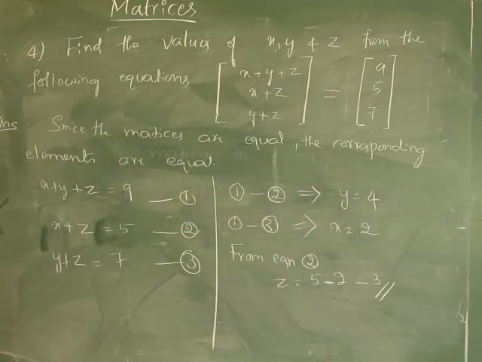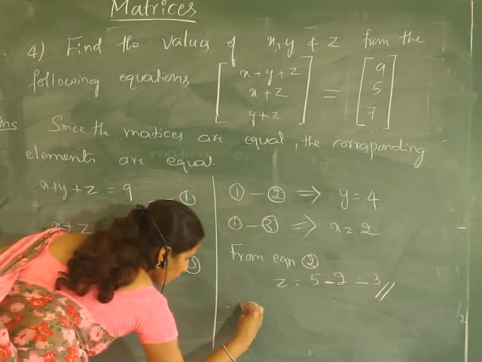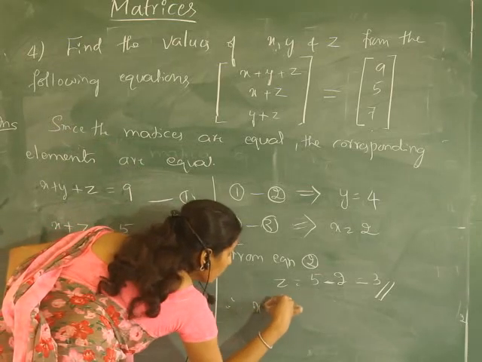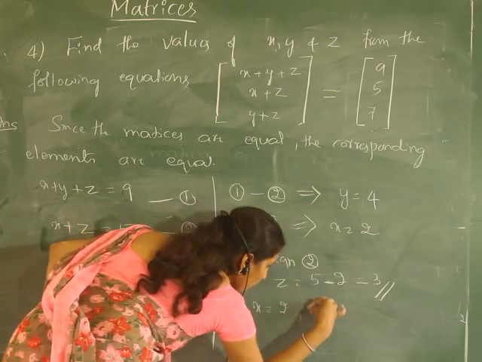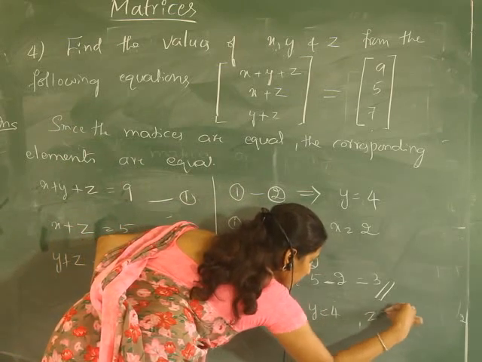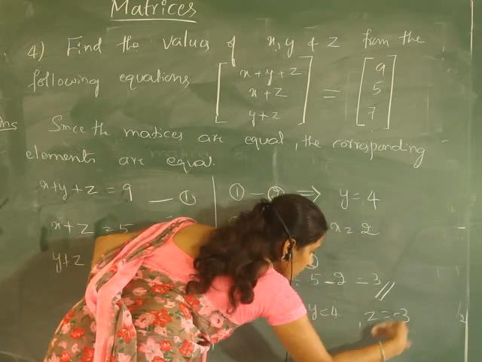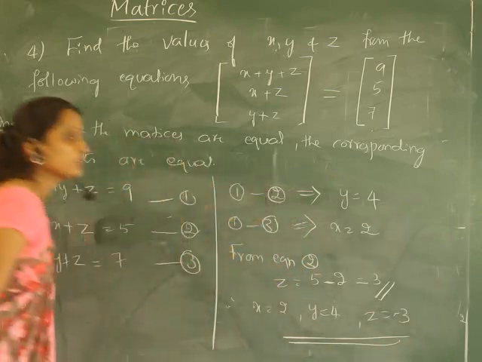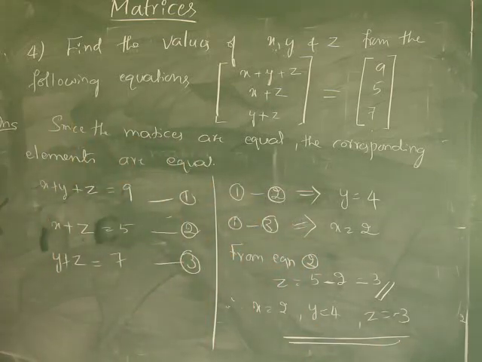Therefore x is equal to 2, y is equal to 4, z is equal to 3. So these are the values of x, y and z.